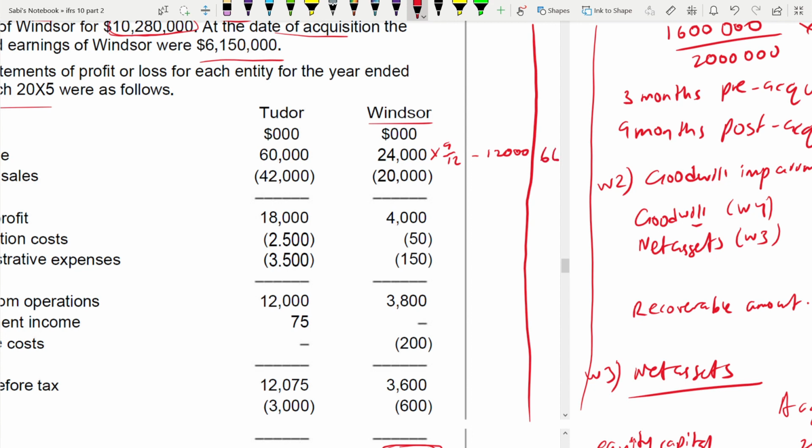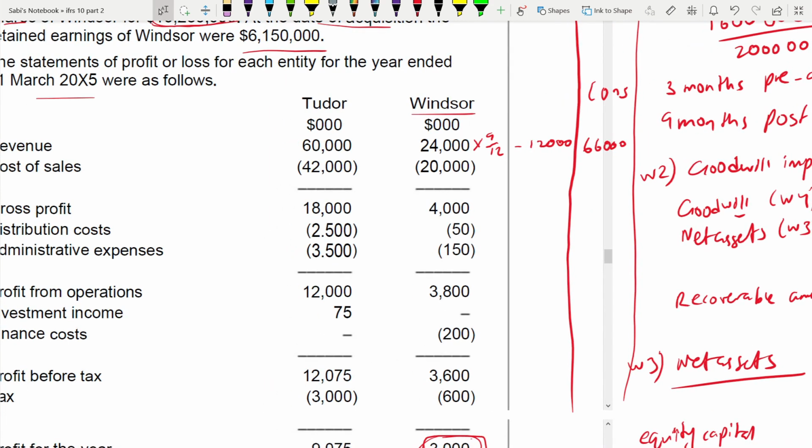Revenue will be 66,000 after consolidating. This is the consolidated figure. I don't have space here, so that's why I'm writing there. Cost of sales, 42,000. With that, you take 9 months of 20,000. And again, you deduct your 12,000. Now you have to add your depreciation because they told depreciation comes under cost of sales. In some notes they have given. So plus 600 and also plus 500.